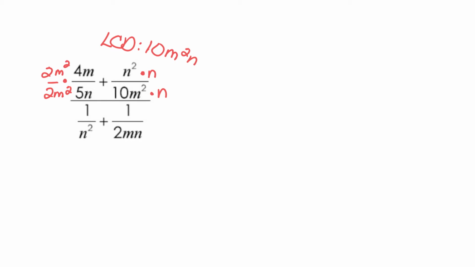Since we already know what the common denominator is going to be, I'm going to go ahead and put the 10m squared n. Now if I look at multiplying this right here, 2m squared times 4m, that's going to equal 8m cubed. And then on the other side, n squared times n is going to be n cubed.